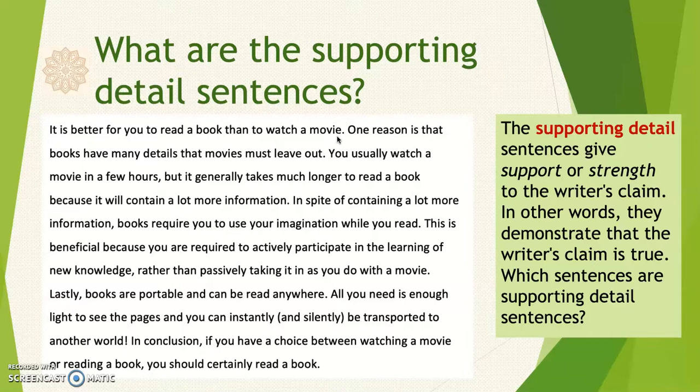So which sentences contain facts, details, reasons, examples, and so forth that show that this claim here is true? The writer will use supporting details to show that what they believe is true, to convince the reader. So push pause, read this paragraph again, and identify the sentences that contain supporting details.